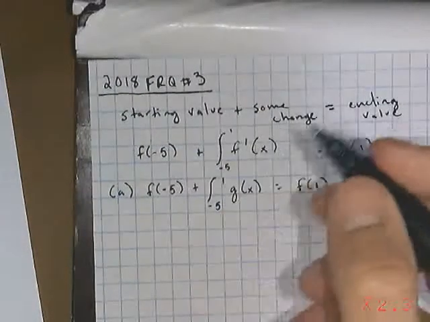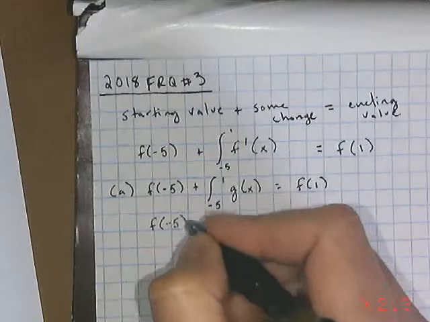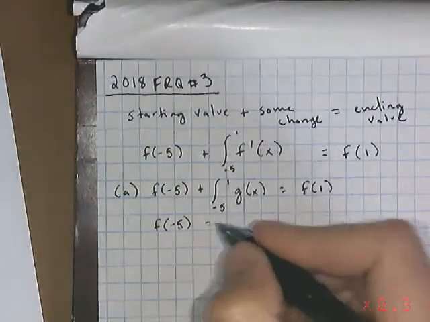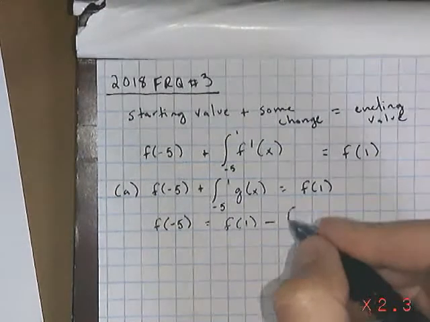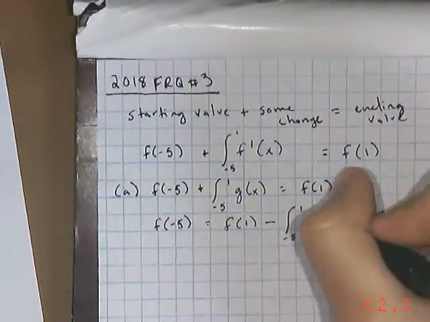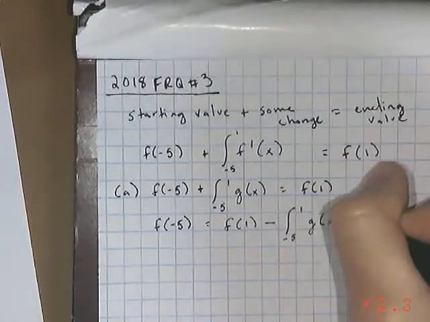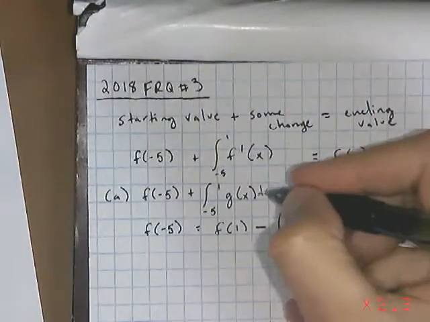And so we can rearrange this and arrive at the fact that f of -5 is going to be equal to f of 1 minus the integral from -5 to 1 of g of x dx. Oh, we should have dx in here, my bad.